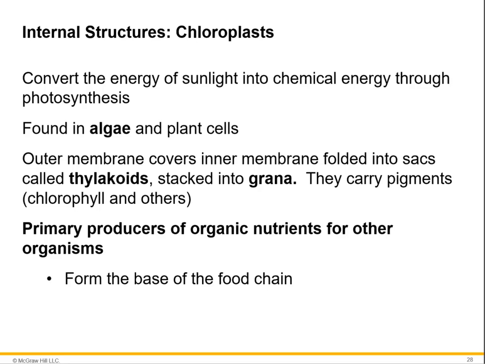They have pigments such as chlorophyll. Chloroplasts are going to be the primary producers of organic nutrients for other organisms. Organisms that use chloroplasts are going to form the base of the food chain.